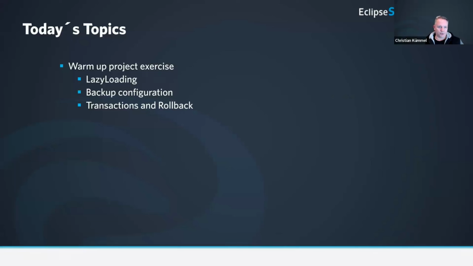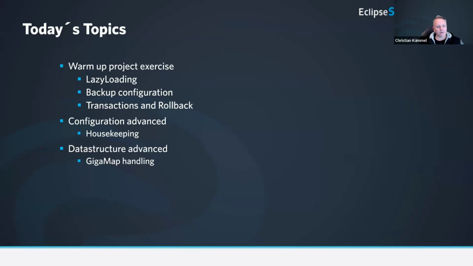All the topics we had in the Advanced 1 training. Then another topic is the housekeeping. We already talked about this in Advanced 1, I guess, but more in detail and also with an example we will go through today.